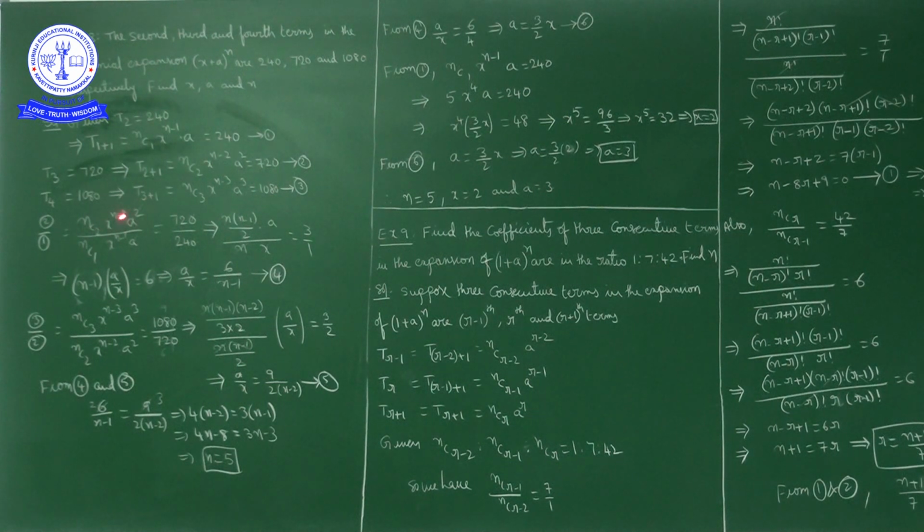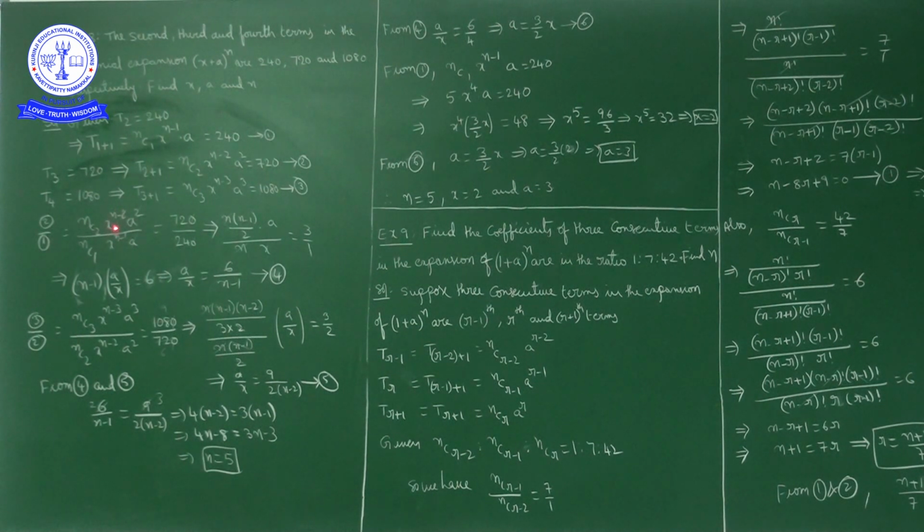Now if you observe, there is x to the power n minus 2 in the numerator and x to the power n minus 1 in the denominator. The denominator has one extra x, so we can write x to the power n minus 1 as x to the power n minus 2 into x.